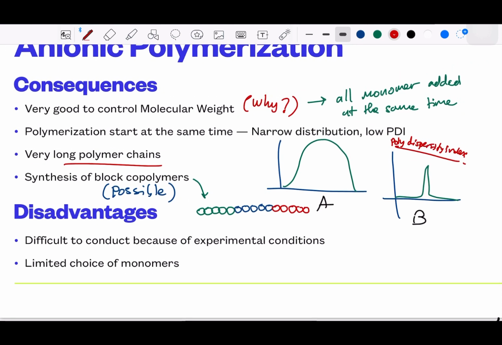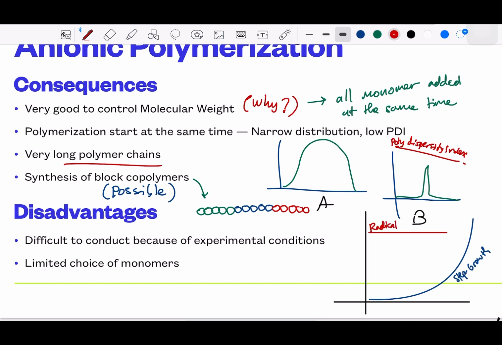And if we think in terms of molecular weight, in terms of the degree of polymerization, step growth is like this. To give you an idea, this is step growth, and this is the radical or chain growth.